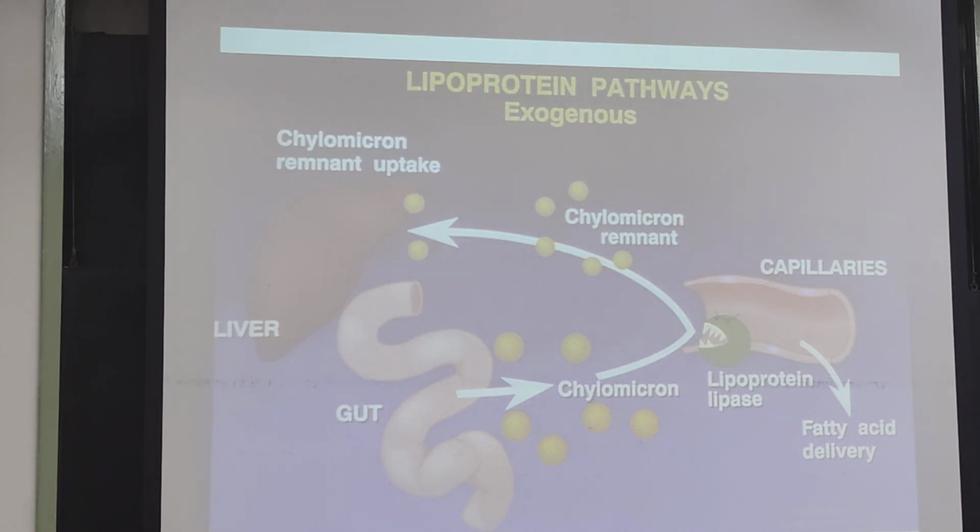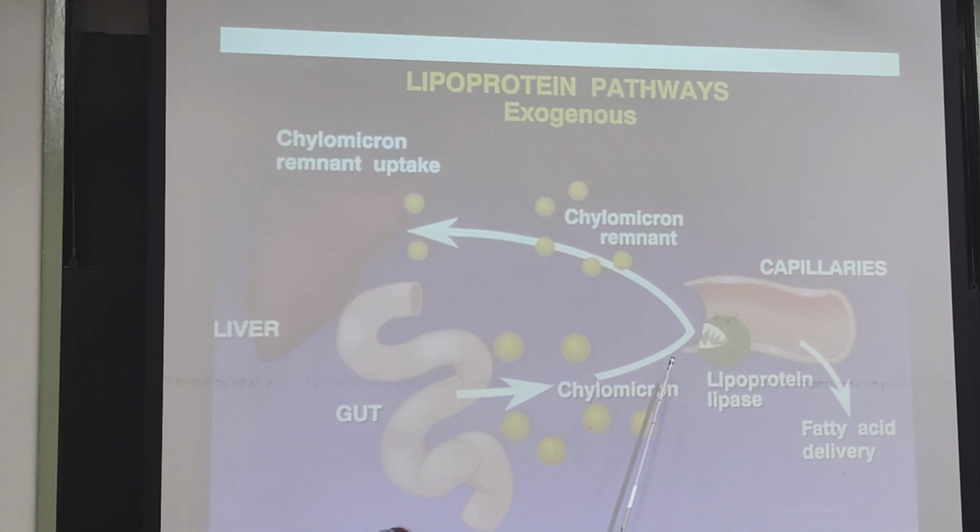When it digests chylomicron, it eats triglyceride and removes fatty acid to peripheral tissue. For example, if this tissue is adipose tissue, the lipid content of adipose tissue will increase. Or maybe it's heart tissue, or liver tissue, or other tissue.